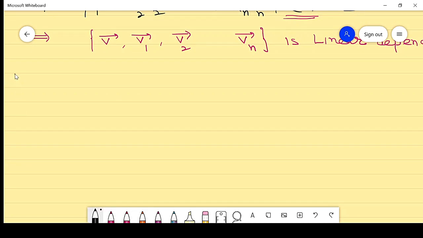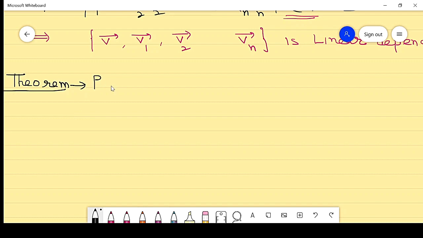Now the next result. All these results are fundamental results based on the definition. Prove that every superset of a linear dependent set is linear dependent. It means a superset of any linear dependent set is again linear dependent.